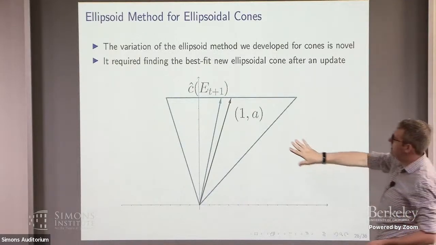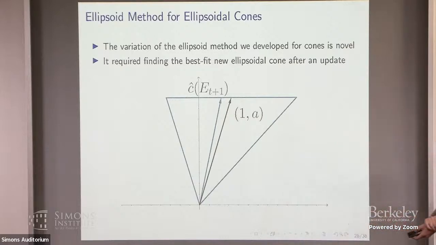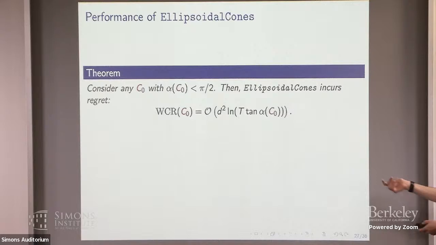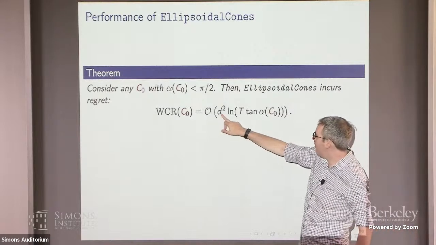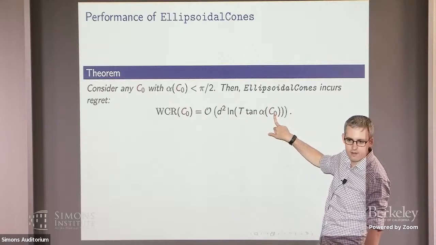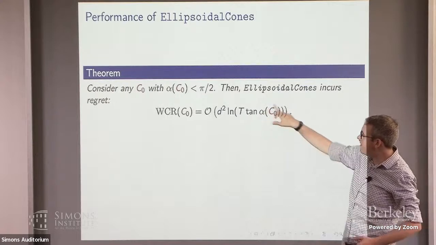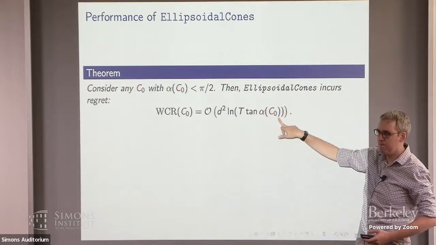To make this work, we needed to adapt the ellipsoid method to work on ellipsoidal cones. I'm not going to go into the details here. It's not trivial, but it's all in the paper. And this gives me a regret of d squared log T times the tangent of the initial uncertainty angle. So this technique works, but only if my initial uncertainty angle is small.